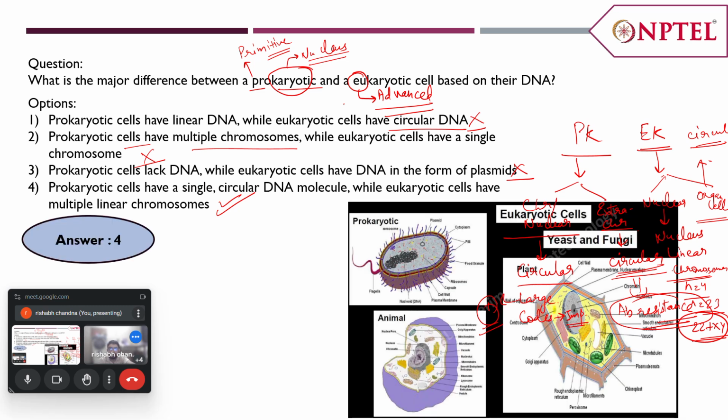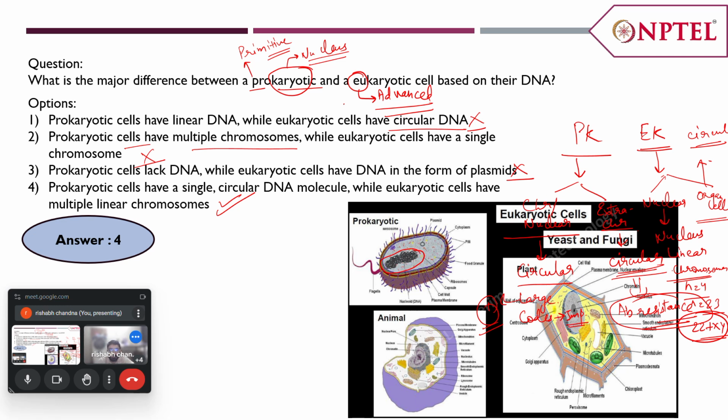And these are typical examples of a prokaryotic and a eukaryotic cell. In prokaryotic cells, as you can see, this is the DNA. The nucleus is not well defined here, and the DNA is present in combination with the cytoplasm itself, attached to different proteins that are bound here and stabilize the DNA.